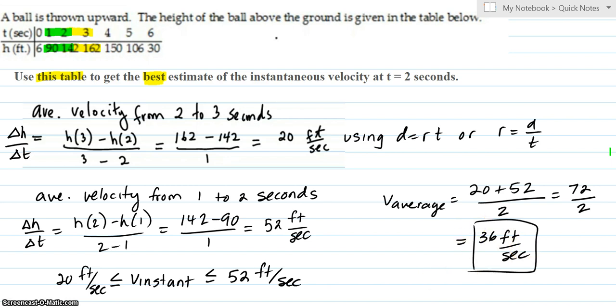That is about the best we can do with this data. I know that 36 feet per second might not be the exact instantaneous velocity, but it's our best estimate because I know that the exact value is somewhere between the 20 and the 52.